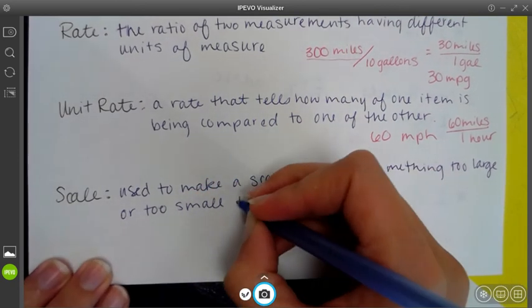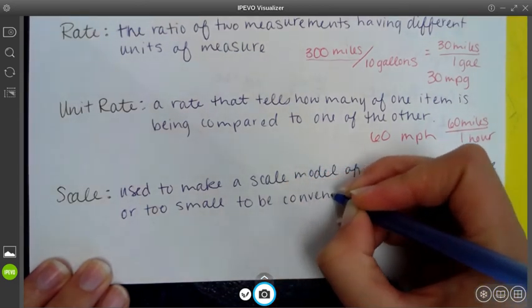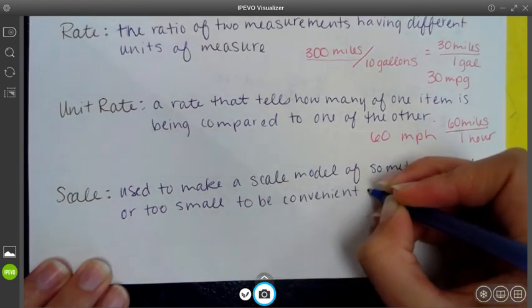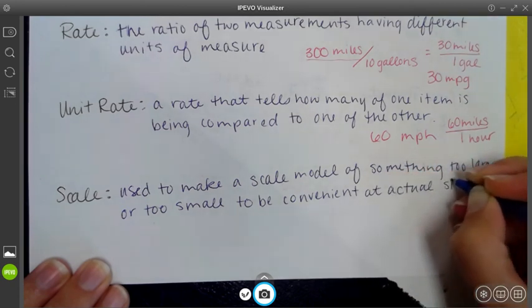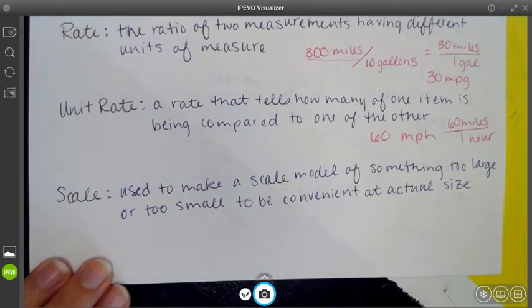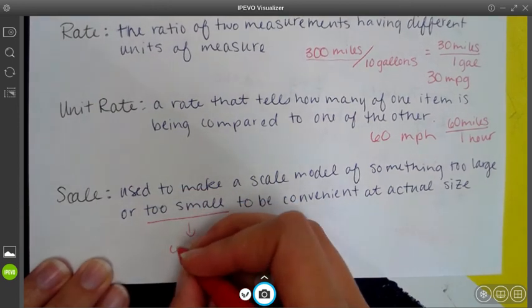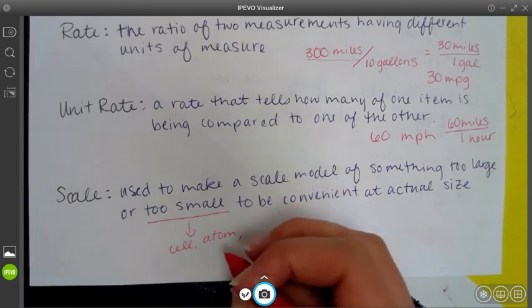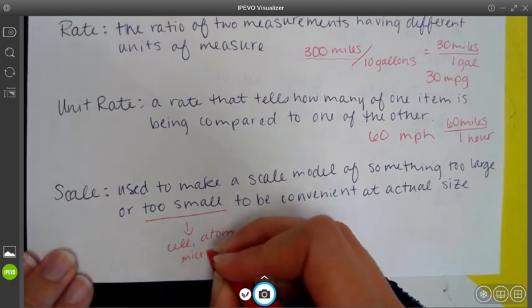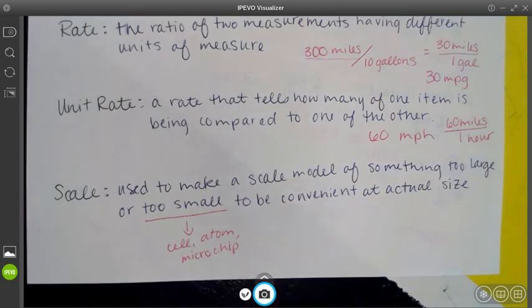So it's too large or too small to be convenient at actual size. Things that would be too small would be like a cell, an atom, maybe a microchip, a really tiny chip. I don't know the words too well for that.